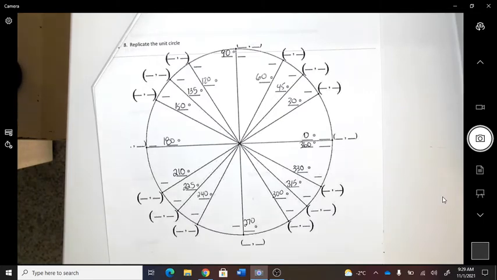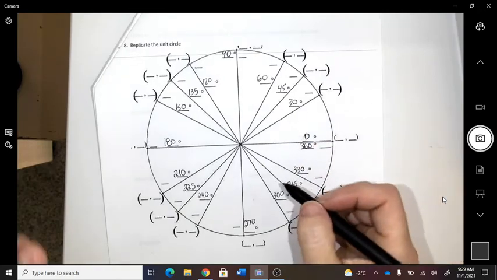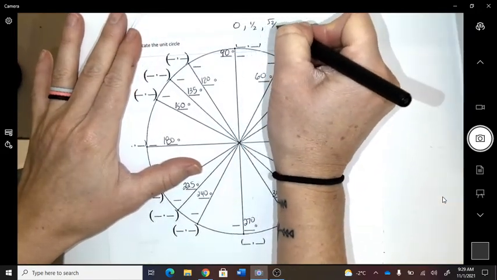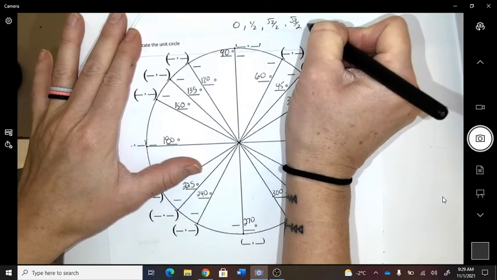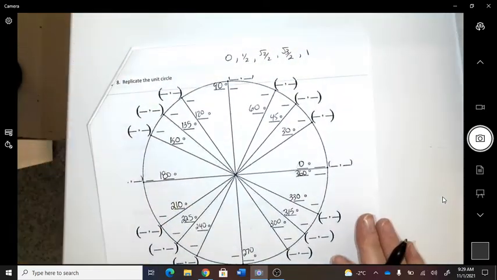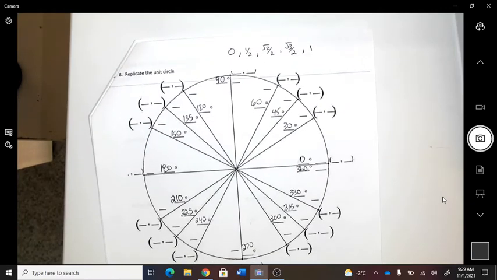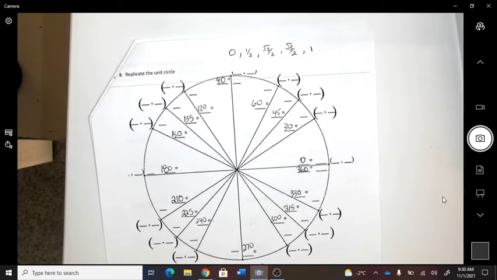Okay, now I'm going to follow the pattern. So you need to have this kind of memorized. 0, 1/2, root 2 over 2, root 3 over 2, and 1. Maybe some of you like to do the 4 corners before you even start the pattern.